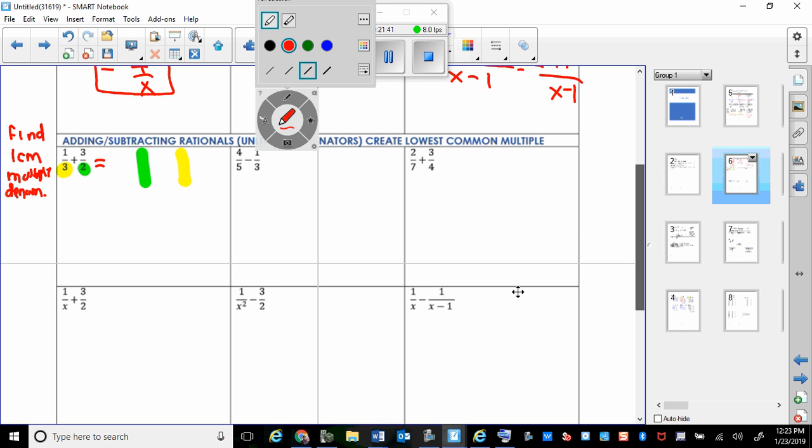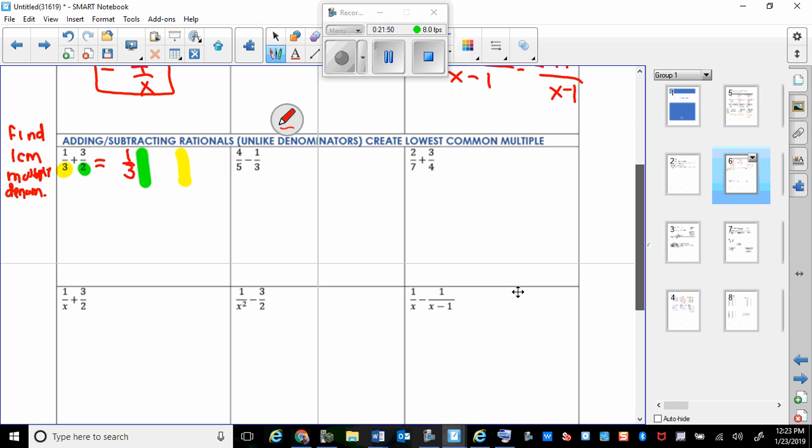So for my first rational, I have 1 over 3. To get those denominators to be the same, I'm going to have to multiply 2 over 2 here, so times 2 over 2, plus, for my second rational, I have 3 over 2 times 3 over 3.